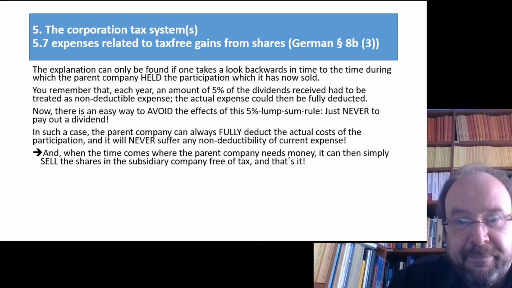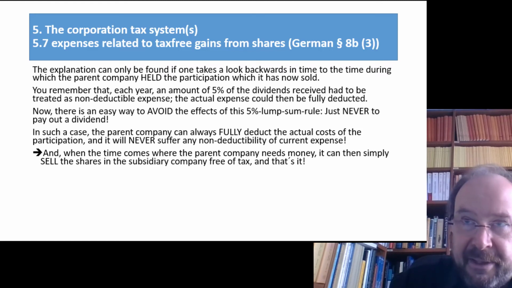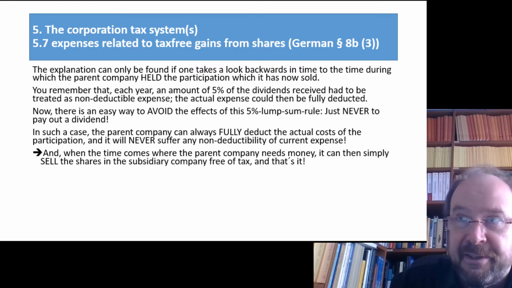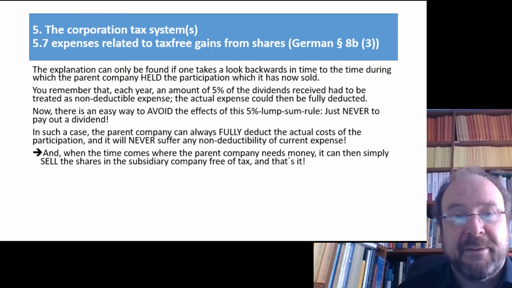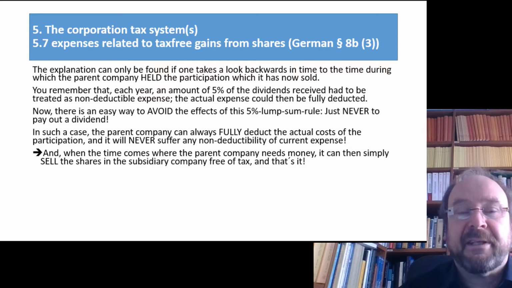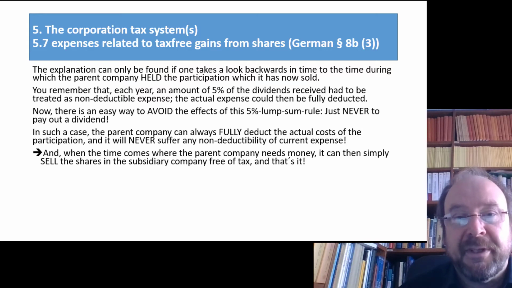And if at a certain point you need money, you don't ask for dividends, you just sell these shares. And so you would get around that 5% lump sum for eternity.